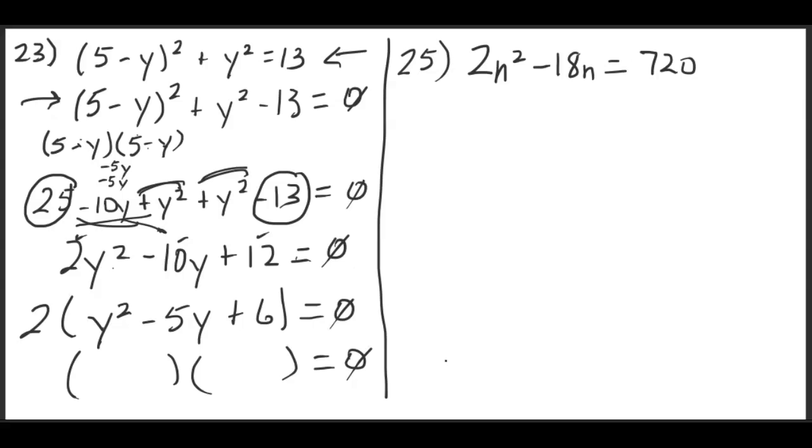What's one thing I know about solving equations by factoring? The equation has to be set equal to 0. So let's just do that. Okay? Right? So with any of these problems, one of the first things that you could think about is, is the equation set equal to 0? If it's not, make it be equal to 0. That's always a way to start in solving by factoring. Okay? So to do that, I'm going to end up with this, right?